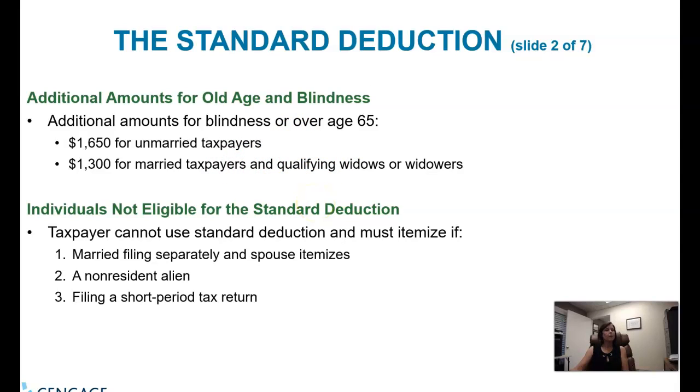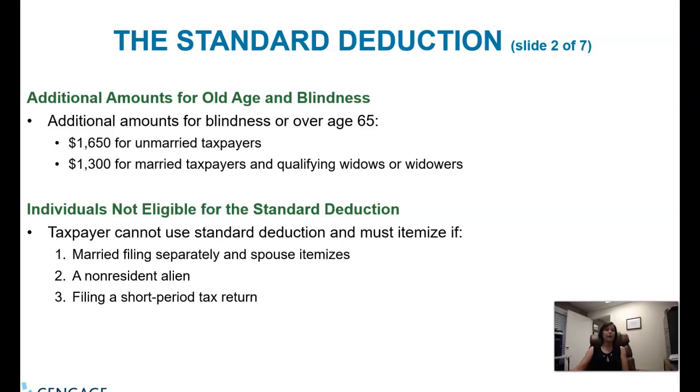But there are some individuals who are not eligible for the standard deduction. If you've got married spouses who are filing separately and one spouse itemizes, the other spouse must itemize as well.